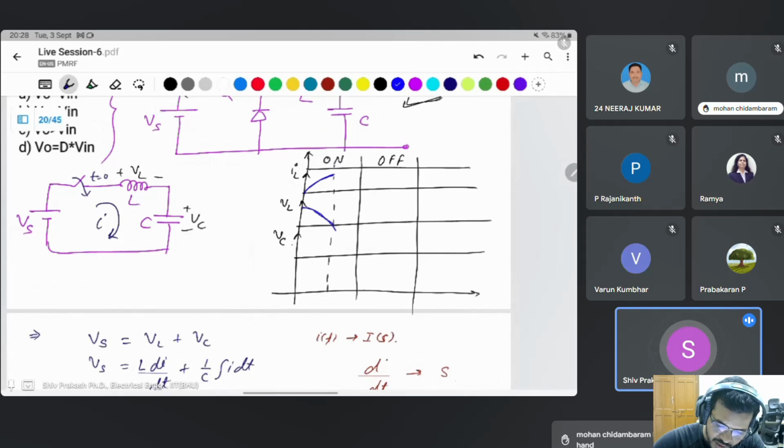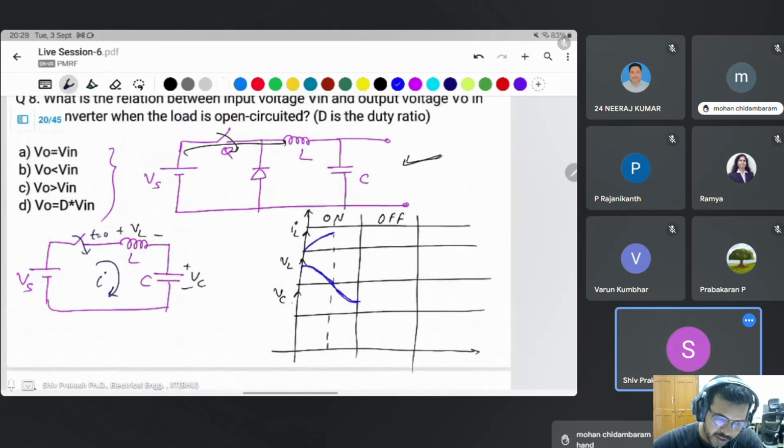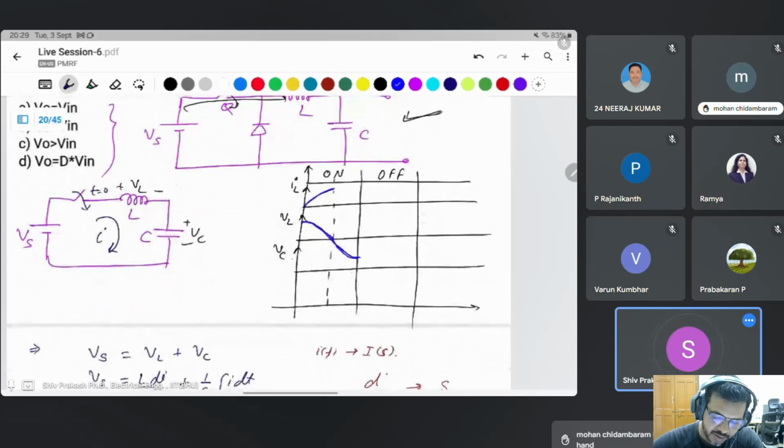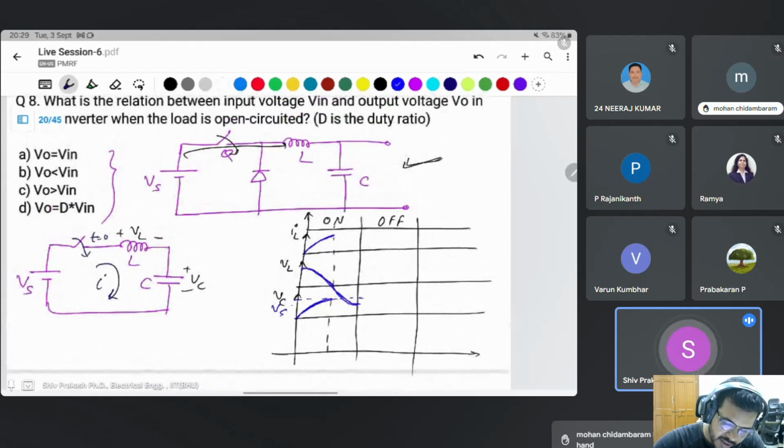After that, it will go negative. At the same time, what happens to Vc? Vc is Vs minus VL, that is 1 minus cos omega t, and at that time it will be charging. But suppose it is charged to Vs, then what happens?